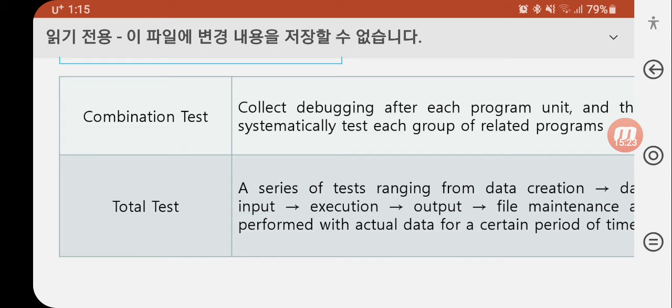Total test: a series of tests ranging from data creation, data input, execution, output, file maintenance, that are performed with actual data for a certain period of time. Integration test is to systematically test a group of programs related to each other by collecting the debugged items for each program unit.